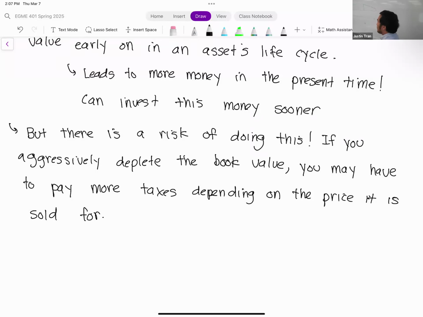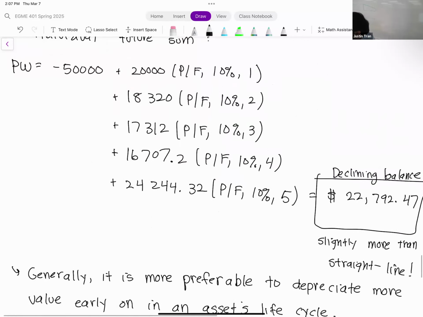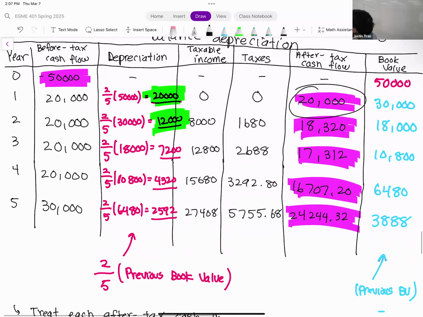All right, because if you notice, I've been very careful about my terminology here, right? And so this value here that we're using in declining balance, I'm calling it the book value, and it's called a book value because that's the value of the asset in the books, in your tax books. Okay. Oftentimes, this is going to be different than what's called the market value, which is the actual amount that you can sell the asset for.